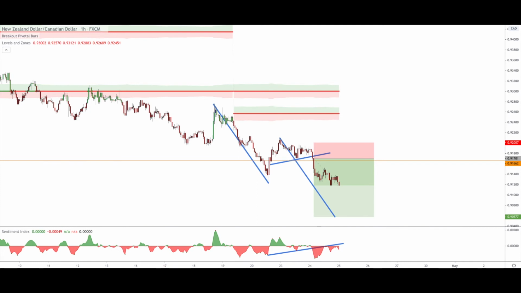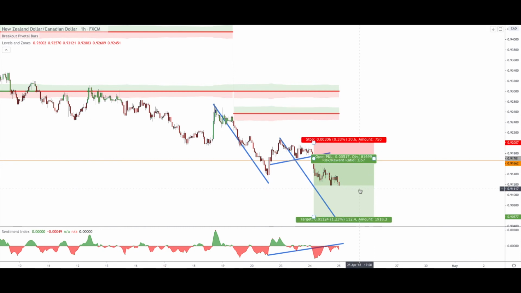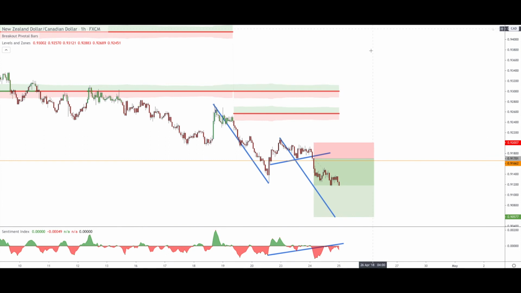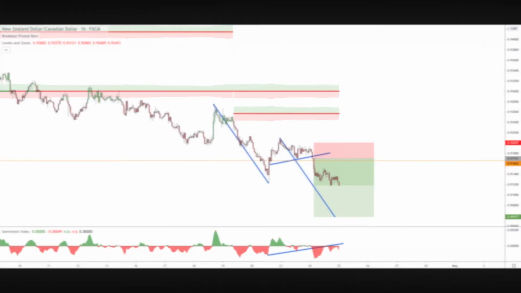I just need to wait and see what happens. If we get to the target, then we make a 3.7x return. If not, we will still end up with a very tiny profit, but still a profit, and most importantly, we will not lose any money. So let's wait and see.